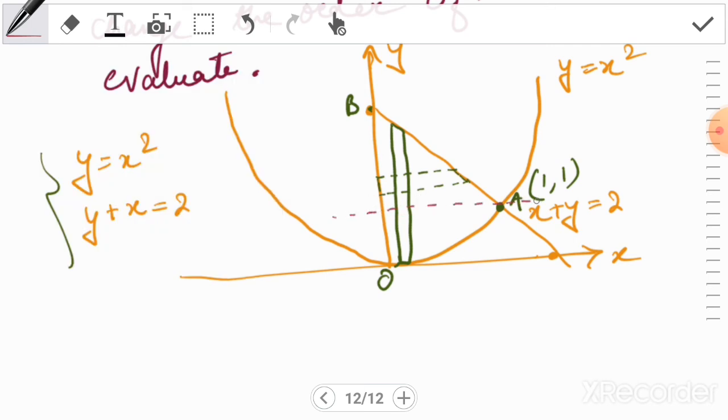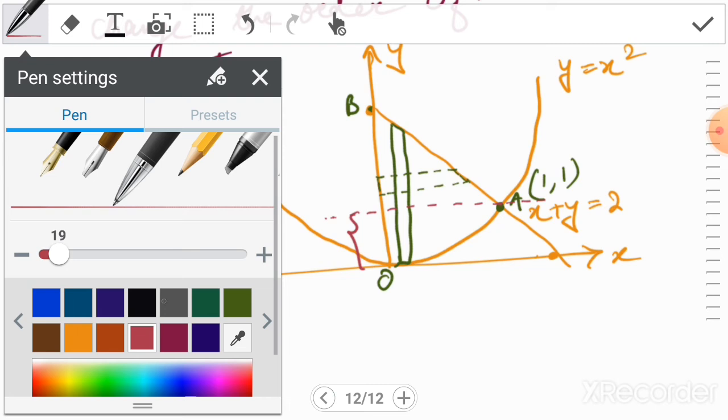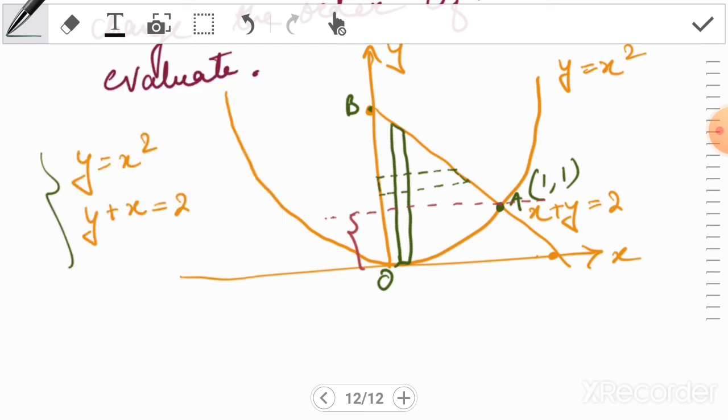If you notice, below this point, let us draw the horizontal strip again.